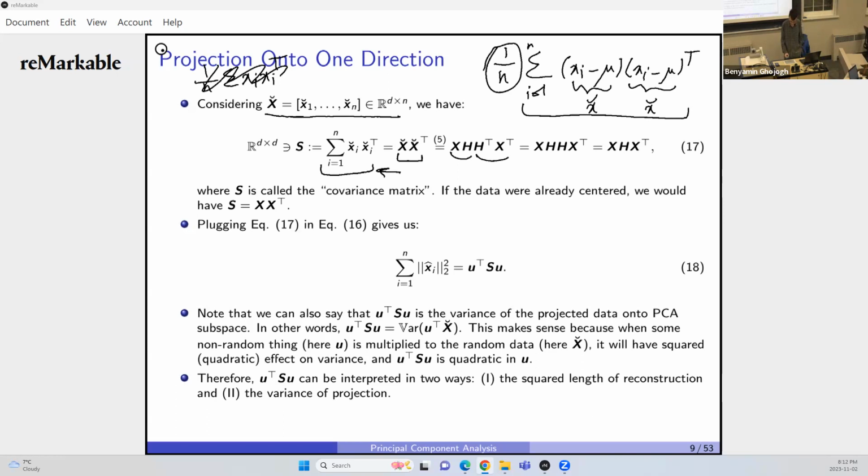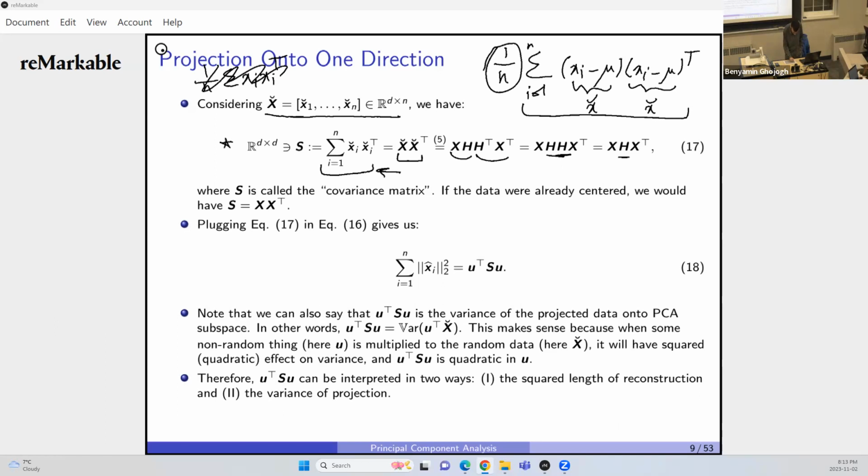We proved that in the preliminaries. So H transpose is H. Again, recall that the centering matrix H is idempotent. We proved that. However many times you multiply H by itself, it becomes H again. So H becomes H.